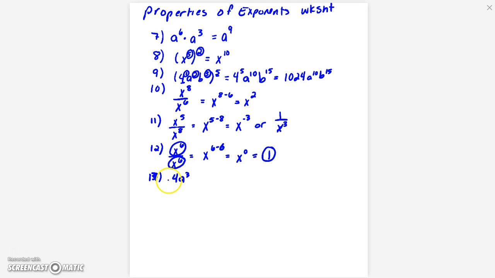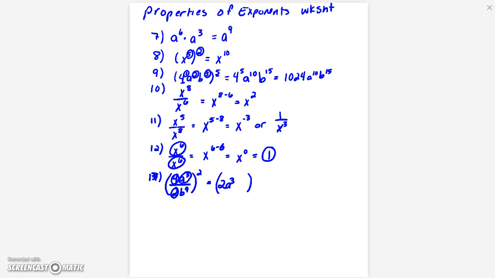4a cubed over 2b to the 4th, all to the 2nd power. So this has our multiplication, our division properties, and our power to a power property all in one. So I'm going to do what's inside the parentheses first. 4 divided by 2 is just 2. Then I have a cubed, but there's no a on the denominator, so that's just going to stay a cubed.